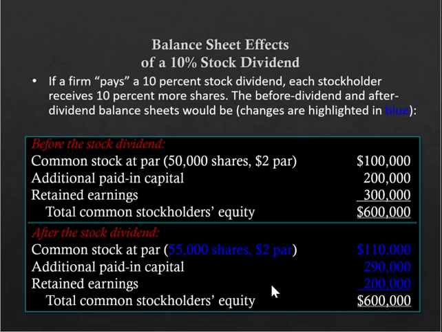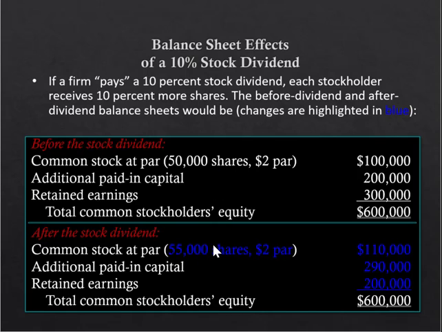But what ended up happening? Well, I just took that out of retained earnings. So this went down by the $100,000 attributable to the $20 per share. 10,000 went here, 90,000 went here. That 100,000 came out of retained earnings, but our total common stockholders' equity didn't change. So it became a book entry here.